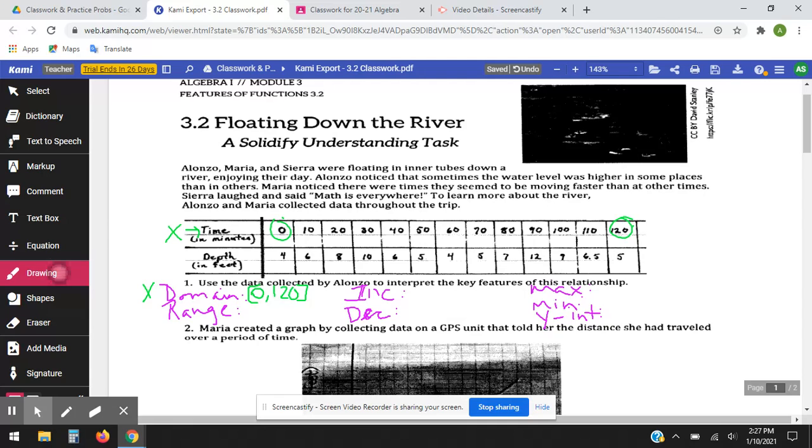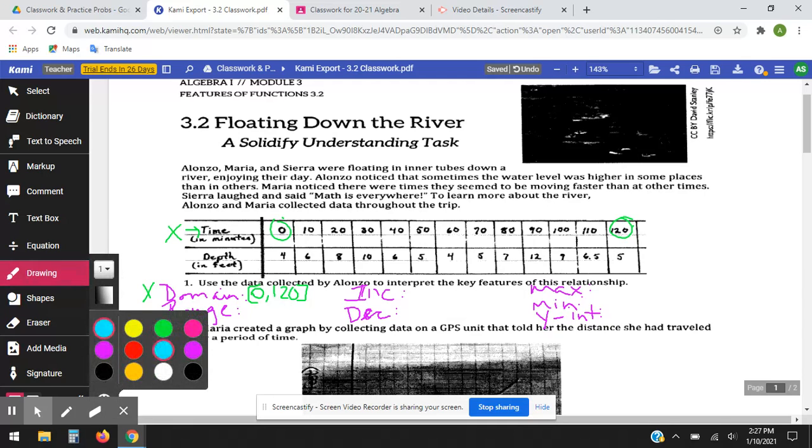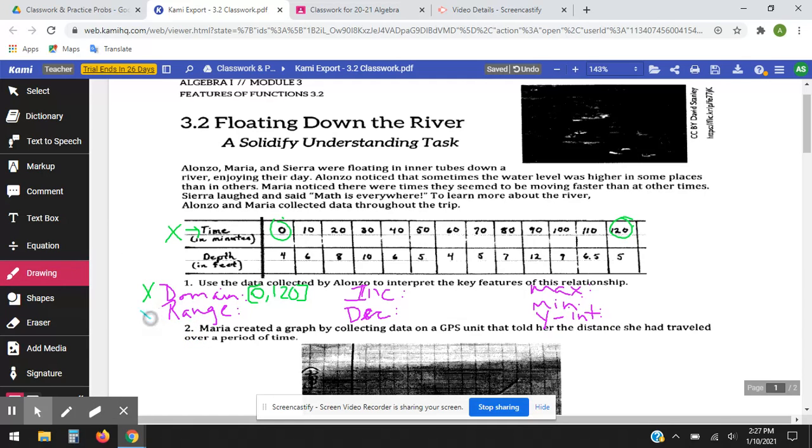So now range is going to be our y. So depth is our y in this case. And we want to find the smallest and the largest. Well, here's a 4. That looks like it's pretty small. 6, 8, 10. Yep, there's nothing smaller than 4.